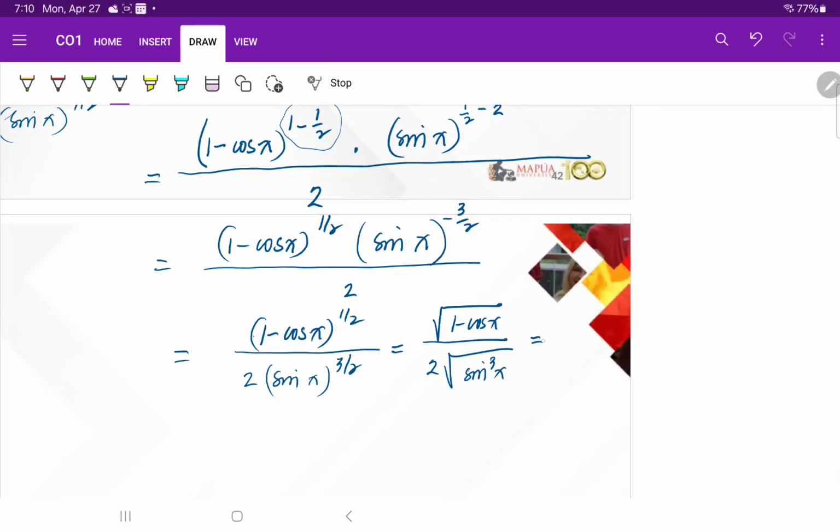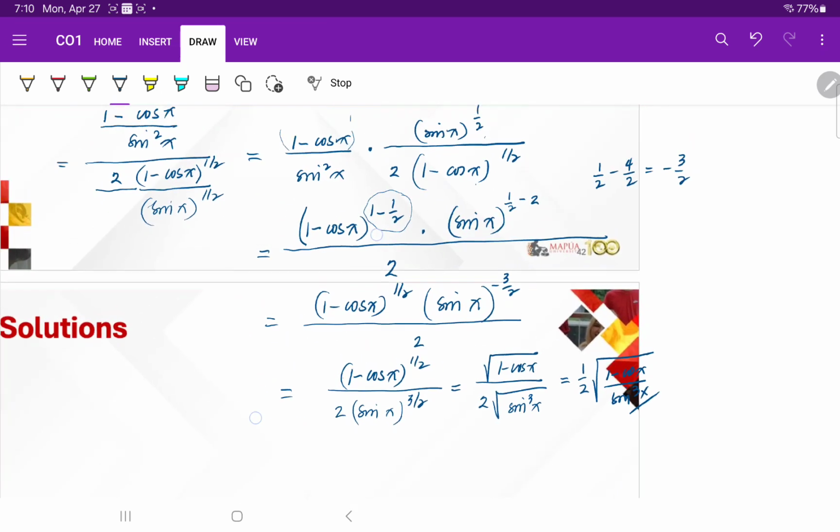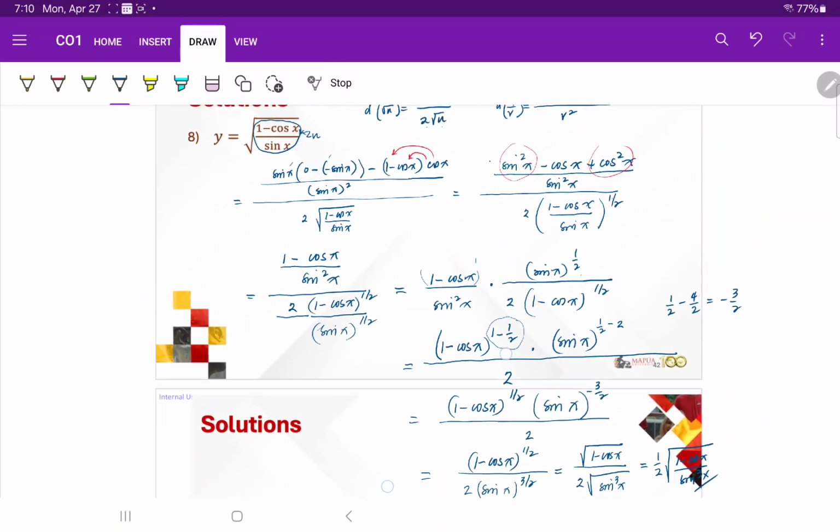Or we could write this as 1/2 of the square root of 1 minus cosine x over sine cube of x. Alright? So that's your y prime.